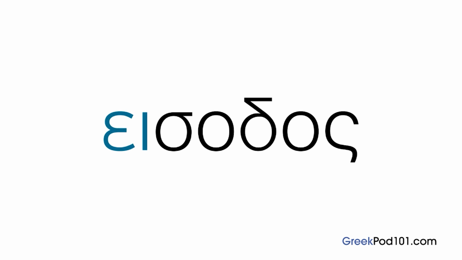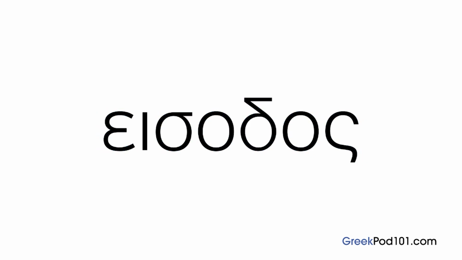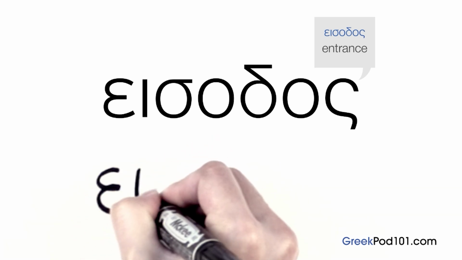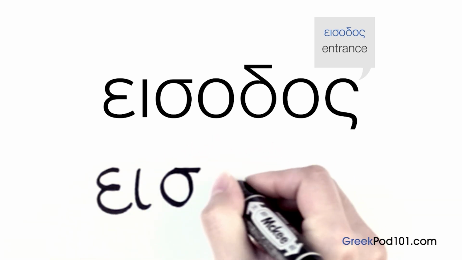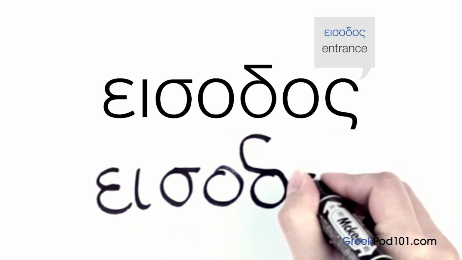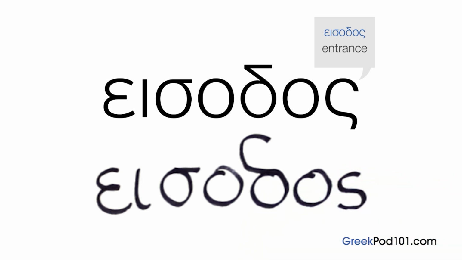If you sound out the first 2 letters, you get E, but actually you would pronounce the whole combination simply as E. The word isodos uses this combination and means entrance. Let's write it together. Isodos.